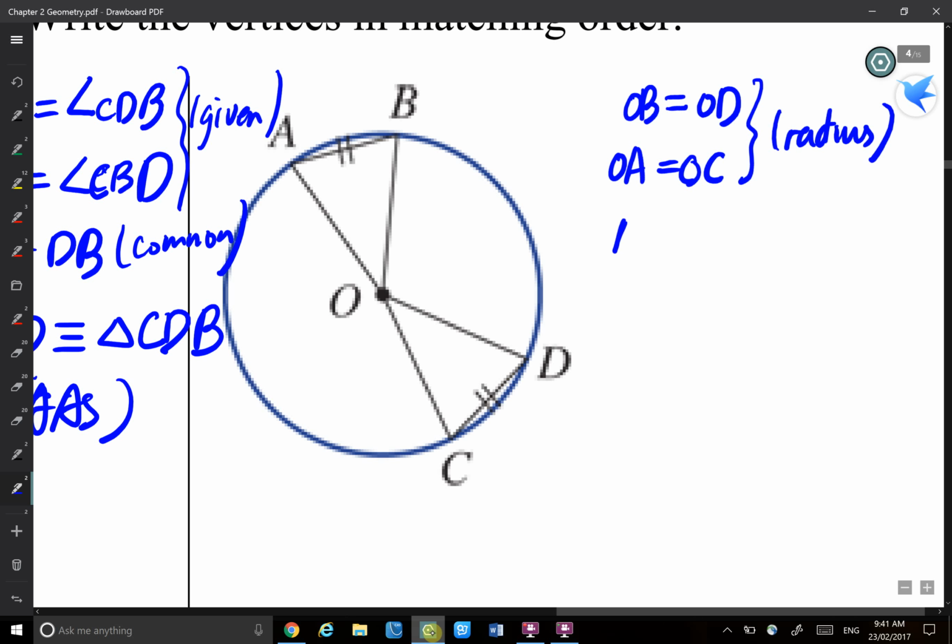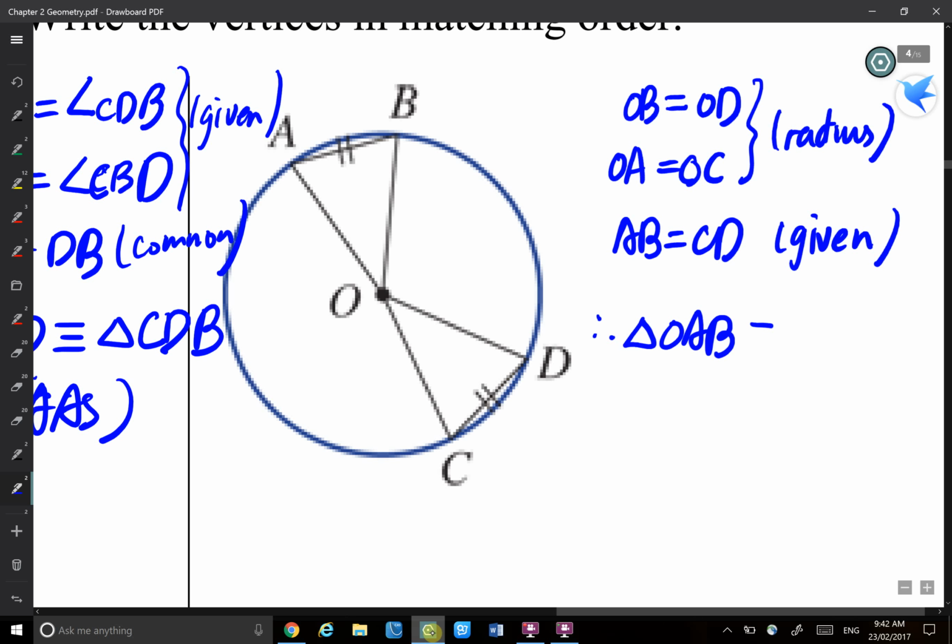And also AB equals CD because it's given. So triangle OAB is congruent to triangle OCD because of SSS.